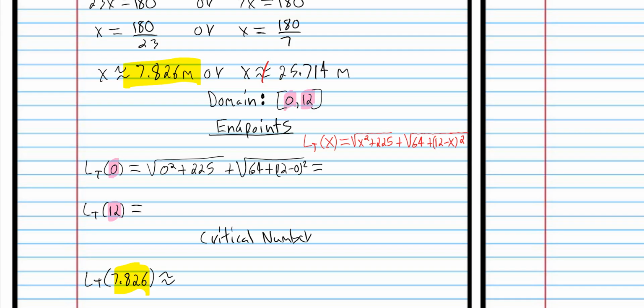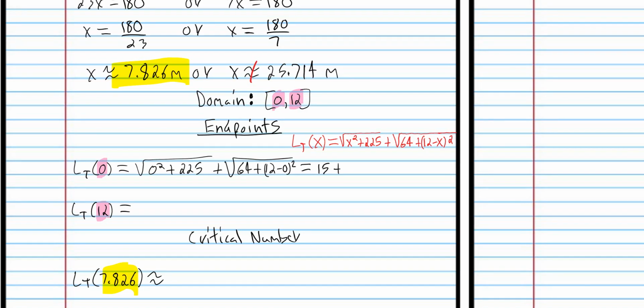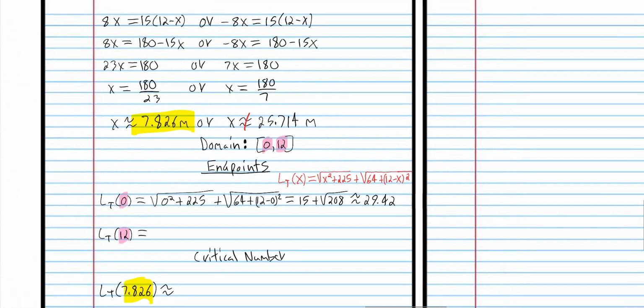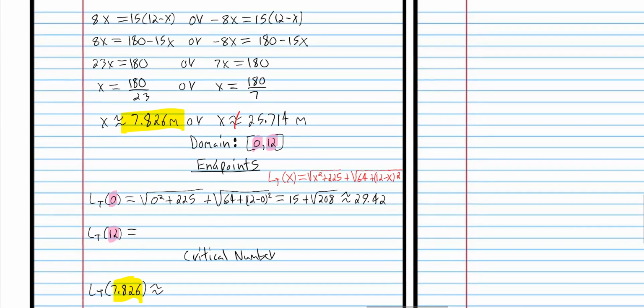So we get 15 plus root 64 plus 144. That's 208. And so when we add those together, we get 29.42, and that is meters.